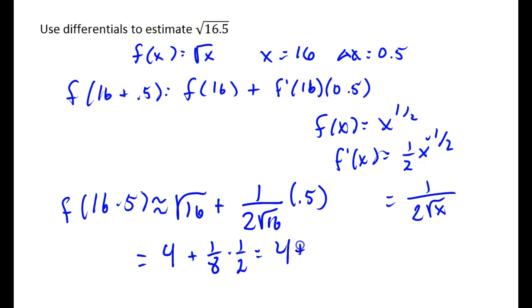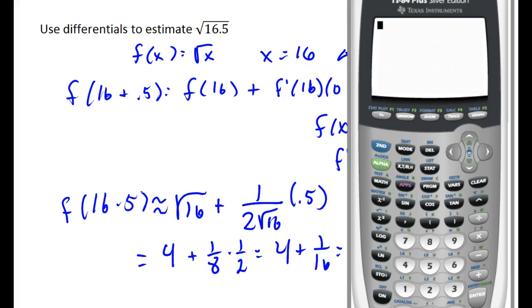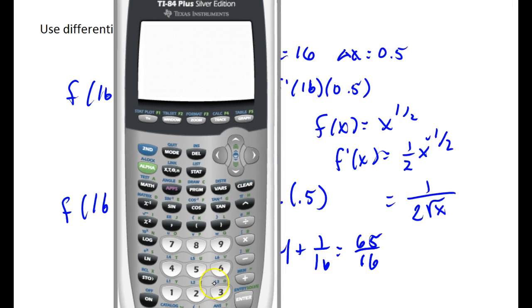And I get 4 plus 1/16, which is 65/16. Let's compare once again with our calculator. The approximation of the square root of 16.5 is 65/16, which is about 4.0625. Then let's actually do the square root of 16.5, and you can see that they're very close.